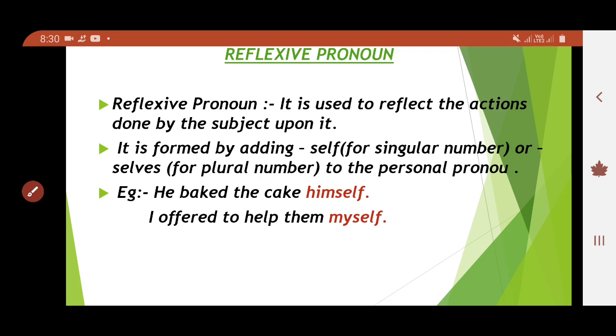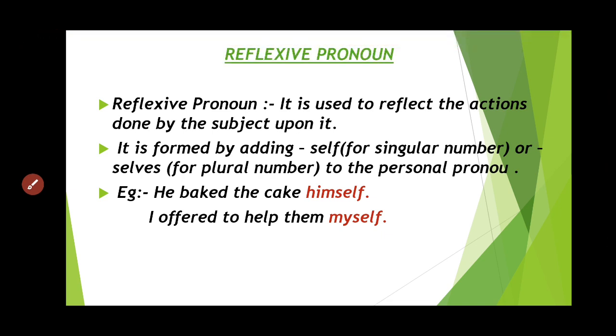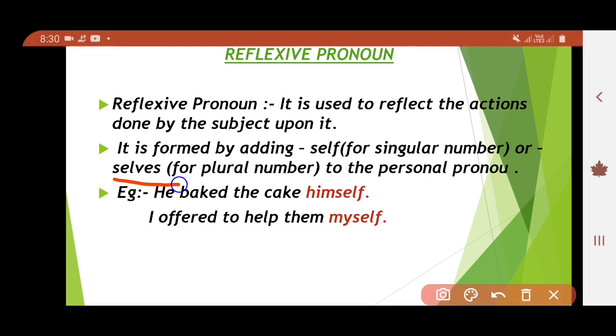So, how we can form a reflexive pronoun is we have to add self if the pronoun is singular, and if the pronoun is in plural form, then we have to use selves. We add this self or selves to the personal pronoun.